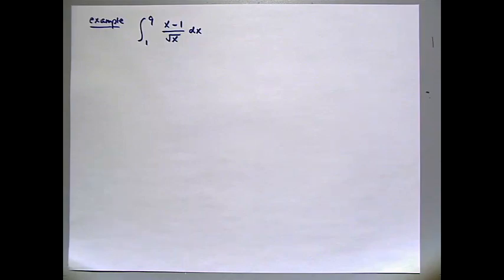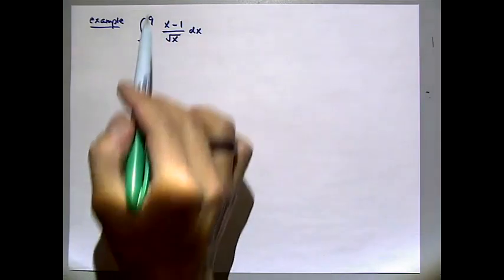Find the area accumulated between this thing from x and the x-axis from 1 to 9.